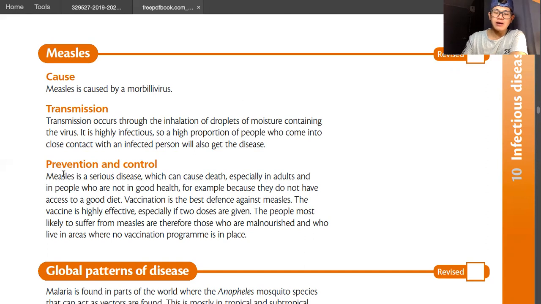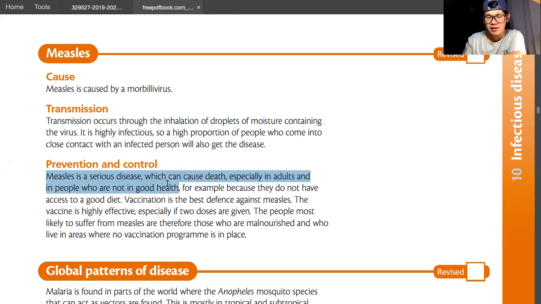Okay, so firstly, measles is actually a serious disease which can cause death, especially in adults and people who are not in good health. Okay, so this is actually quite serious, especially for people who are not in good health.